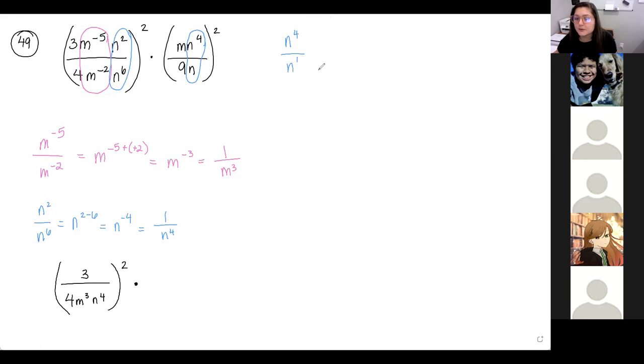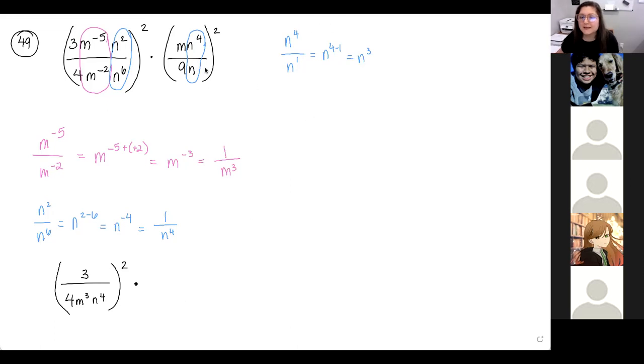If there's no exponent, we're going to assume it's to the first. And then we're going to have n to the 4 minus 1 power, right? Which is n to the third. And that just stays in the numerator because it's not a negative, right? Like in here, I had to put it into the denominator because my exponent was negative, right?